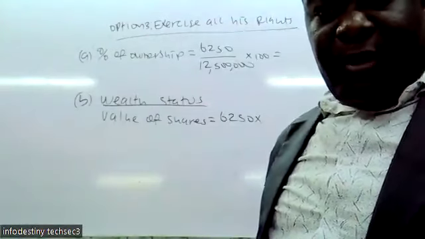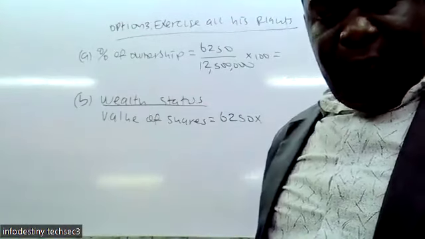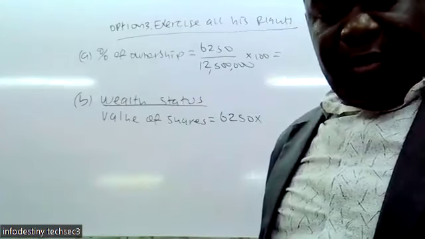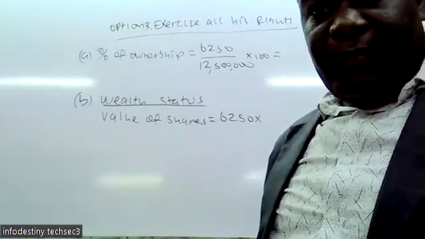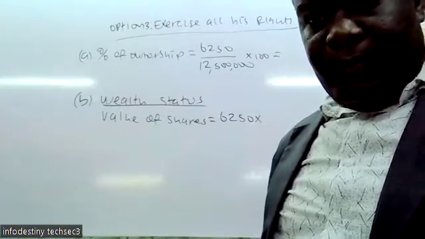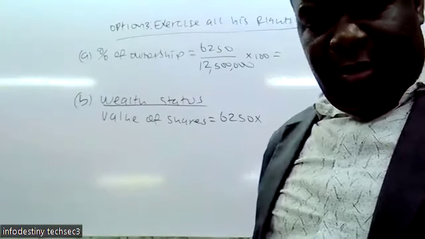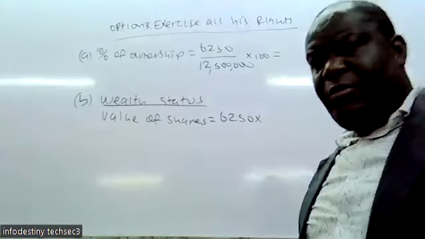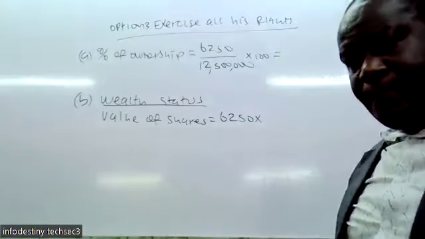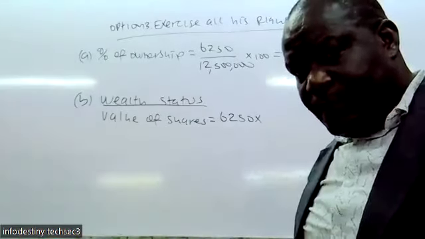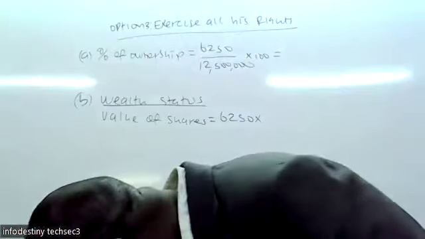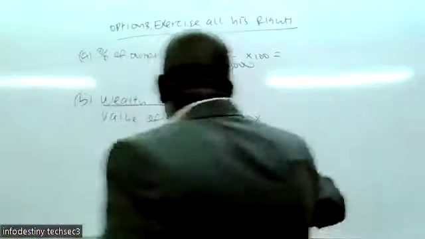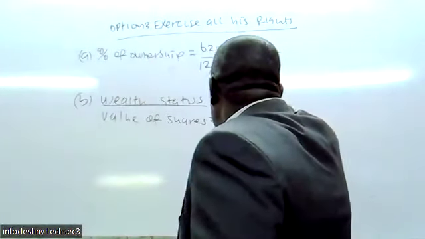Confirm in Roman letter 1, what was the theoretical ex-right price? When you check in Roman letter 1, we calculated the theoretical ex-right price. We got 11.305.